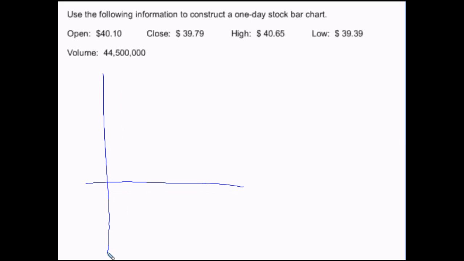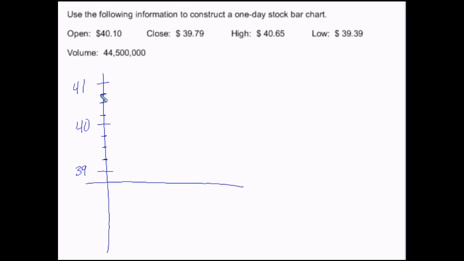Okay, so our volume goes down here, and our dollars go up here. If I say this is 39, and then I can say this is 40, and this is 41, that would make this about 39.50, and that about 40.50. Doesn't have to be perfect.